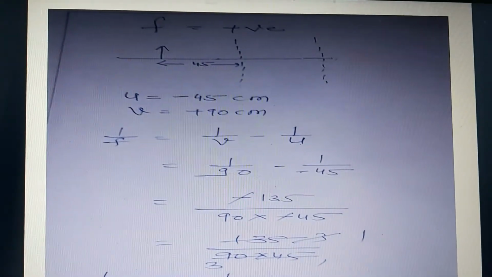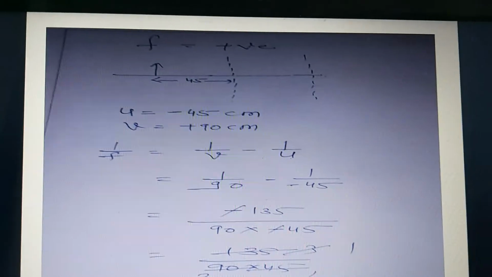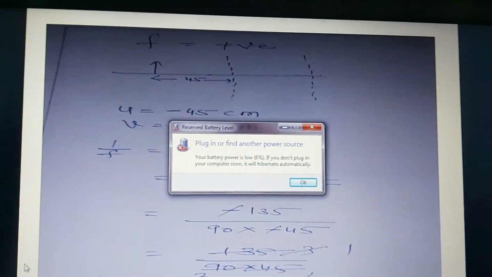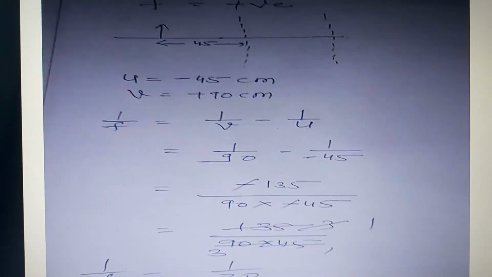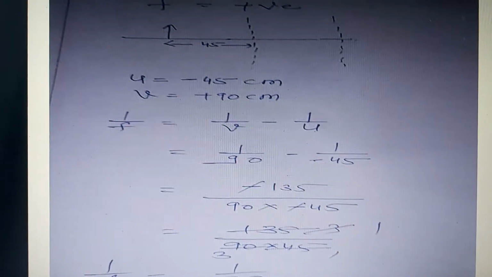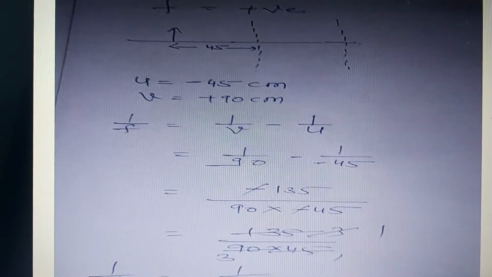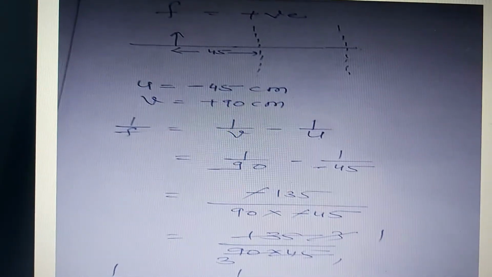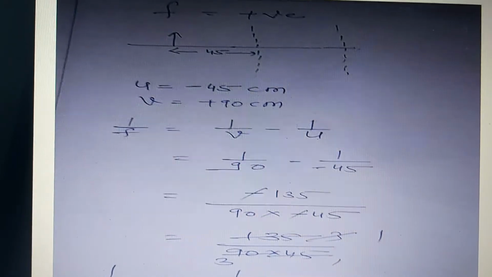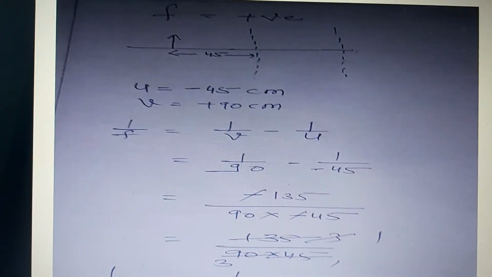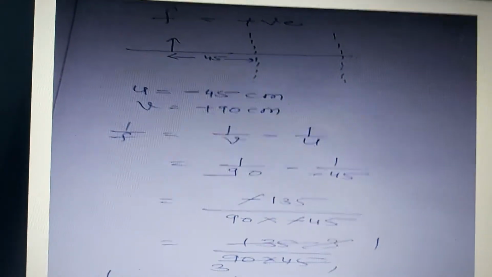How would you identify that this focal length value is absolutely correct? You have a convex lens. The object is at 45 centimeter and the image is at 90 centimeter, which means it's very far.